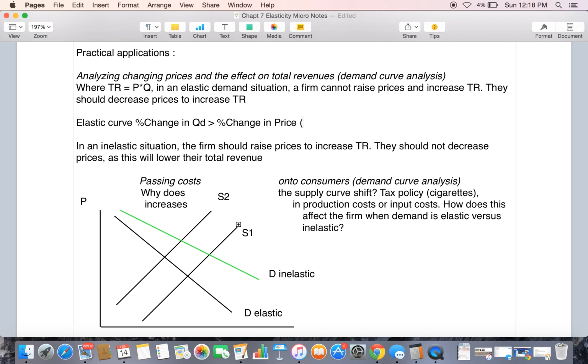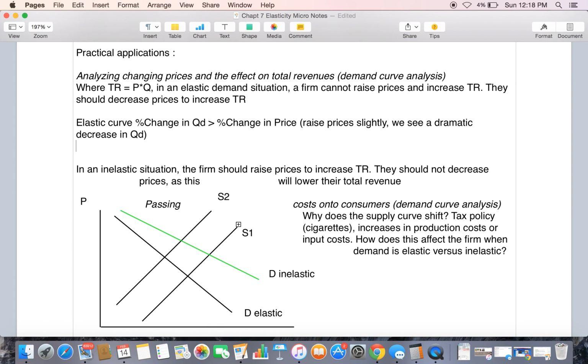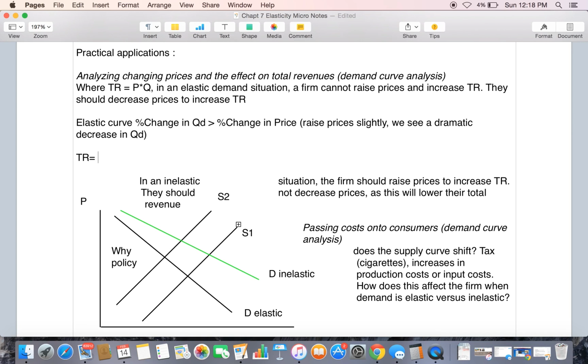Therefore, if we raise prices just slightly, our quantity would fall substantially. And if our quantity falls substantially, we will lower our total revenue.